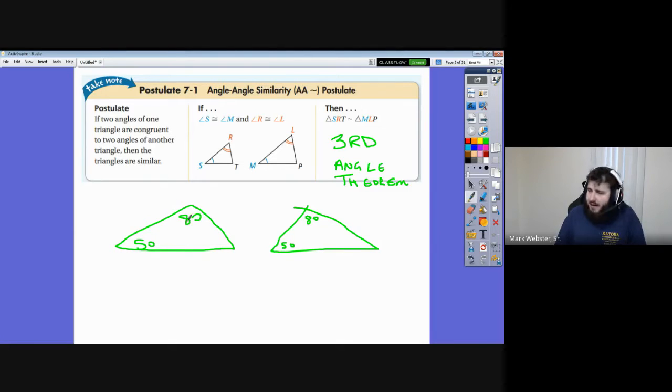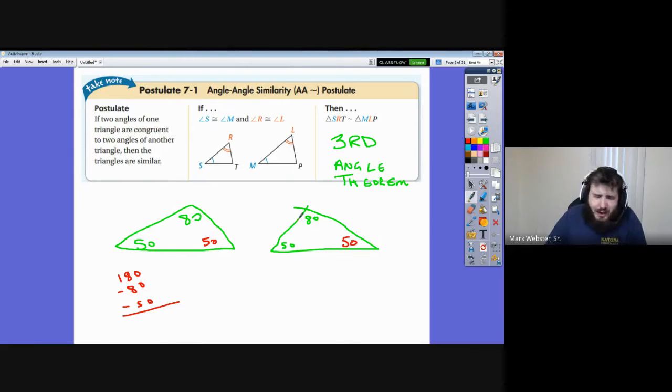And so 180 minus 80 minus 50 leaves us with 50, right? Well, if this is 80 and this is 50, well, this one has to be 50 too, right? Again, 180 minus 80 minus 50 leaves us with 50.